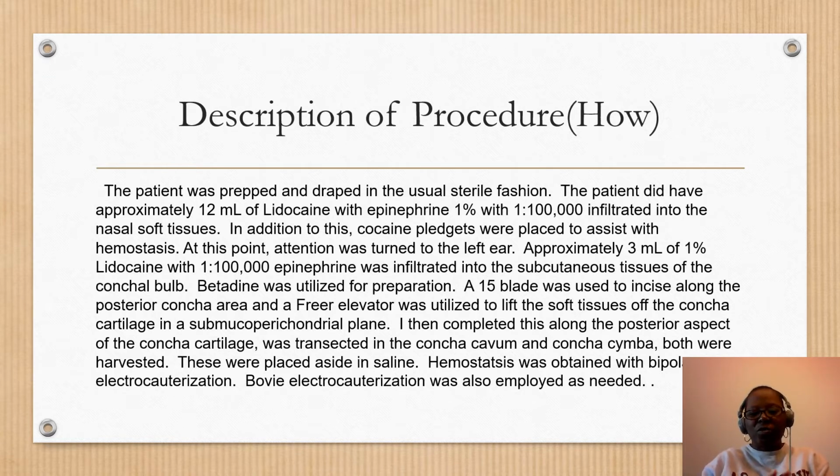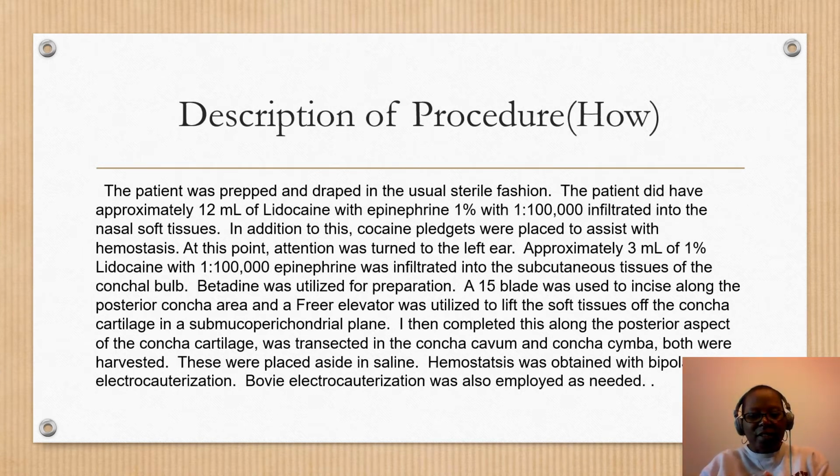So pretty much the patient was prepped and draped in the usual sterile fashion. The patient did have approximately 12 milliliters of lidocaine with epinephrine, 1% with 1 to 100,000, infiltrated into the nasal soft tissues. So we're going to go on. We see that pretty much they're prepping the patient. At this point, the attention was turned to the left ear.